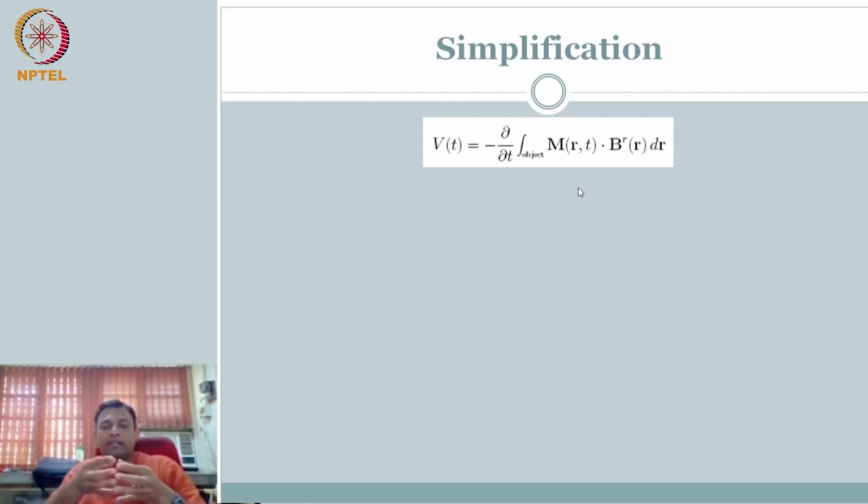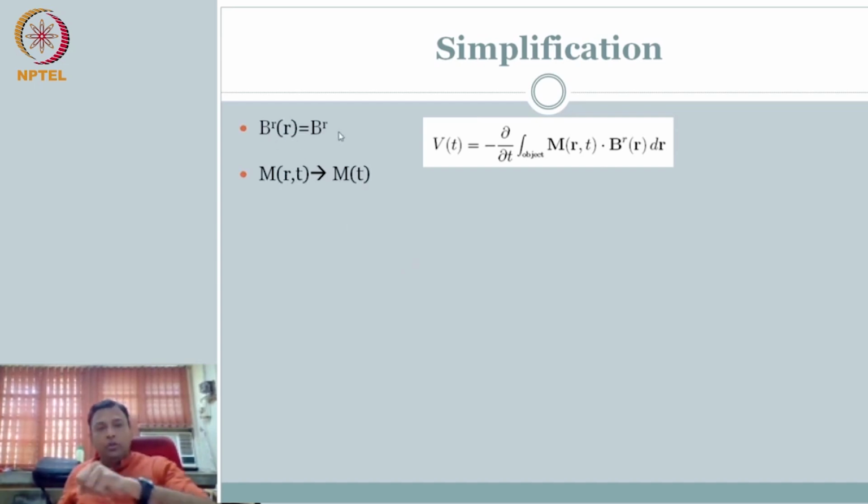That is, you take a sample volume and say this is a homogeneous sample volume. Then I can get rid of this r. So what I have done is, let's assume BR of r is BR, that is, it is uniform sensitivity of the coil. Then I have M(r,t) reducing to M(t), meaning I've taken a small volume, so it's a homogeneous volume. There are not many changes within the given volume.